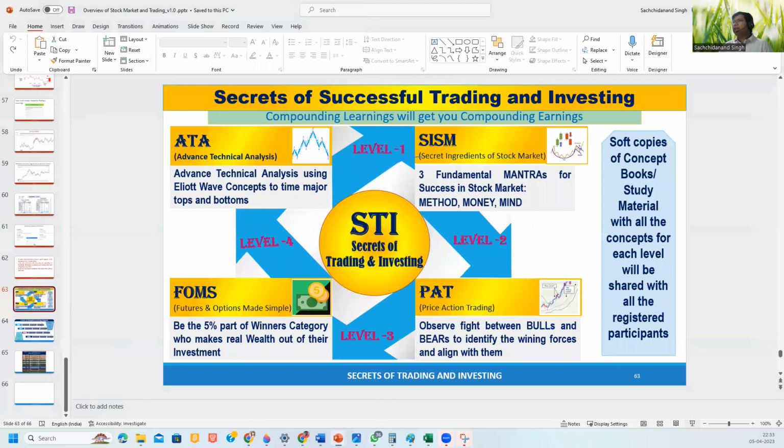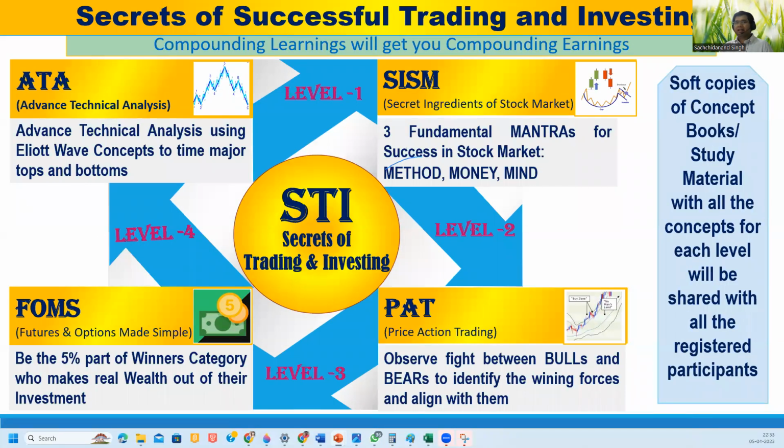So here are the 4 levels of learning. Right now we are under SISM, which I named Secret Ingredients of a Stock Market, which is the learning about the main key ingredients: the candlestick patterns, and support and resistance.